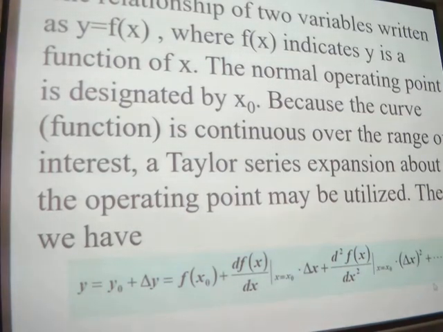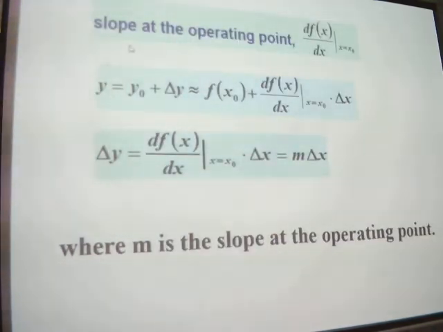Now we can see here this nonlinear equation can be approximated by a linear system. This is the Taylor series. We stop at this point. Now x is x0, and y can be approximated by y0.